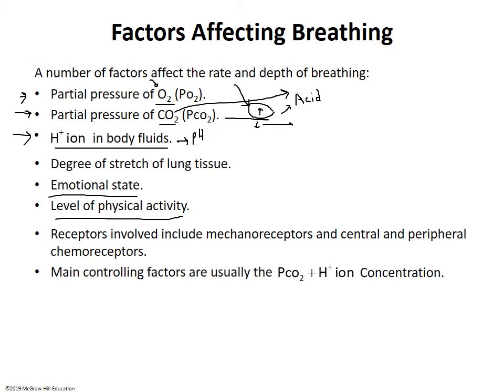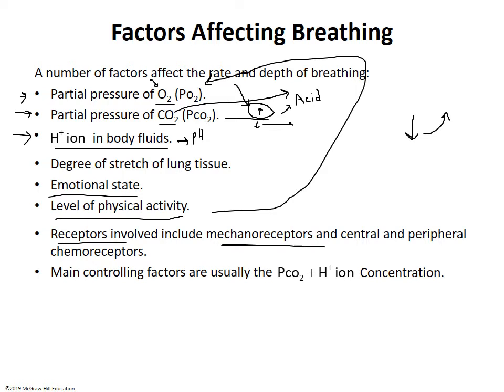And levels of physical activity, because physical activity will start using up the oxygen that I have, and so my oxygen levels will decrease, and so I'll need to breathe heavier to combat that and bring them back up to normal. So the receptors involved include mechanoreceptors and central and peripheral chemoreceptors.